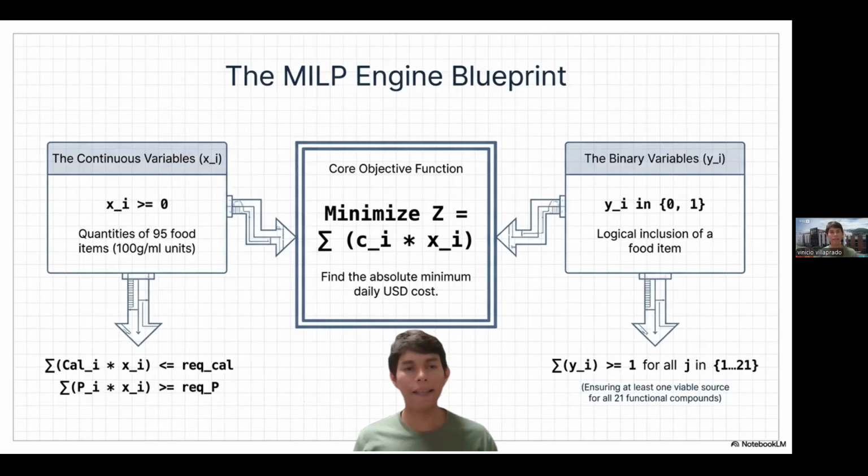And also the constraints. We have a constraint for each of the caloric, protein, fat, and carbohydrate requirements. The amount of calories I consume has to be less than or equal to the target I gave you earlier.